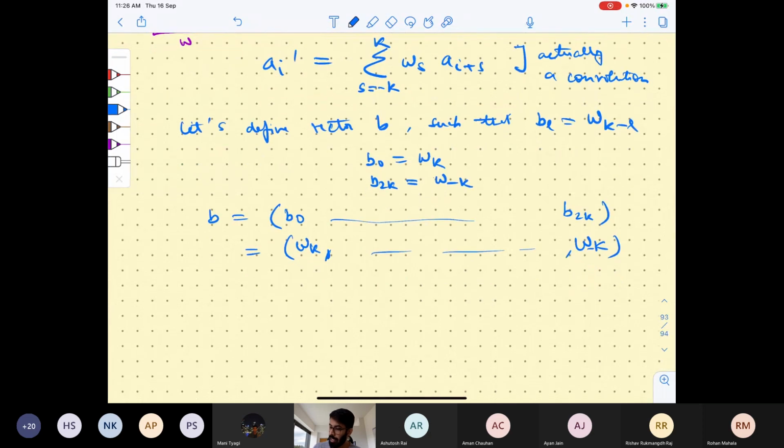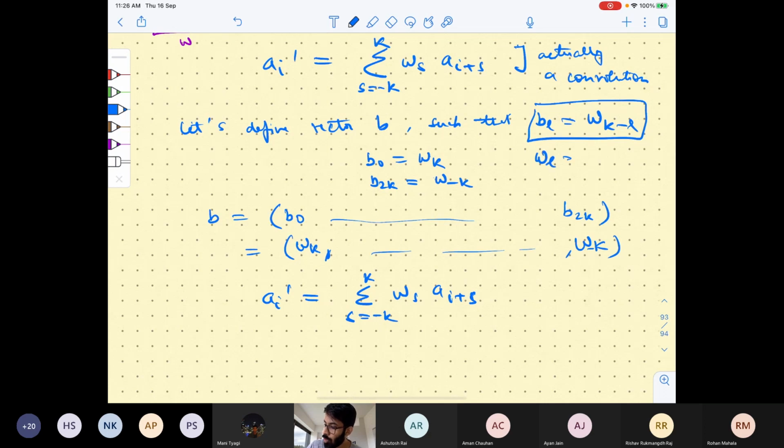Now let's rewrite these terms to see how they look in terms of B. So we have a i prime is equal to the sum over s from minus k to k of W s a i plus s. Now we have B l is equal to W k minus l. Since they are reverse of each other, we also have that W l is equal to B k minus l.